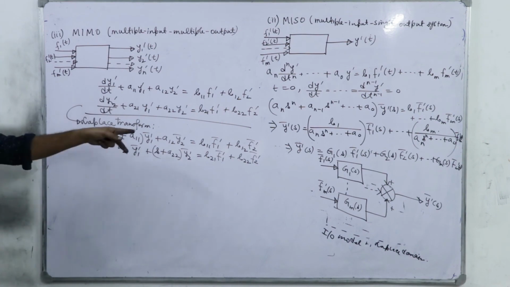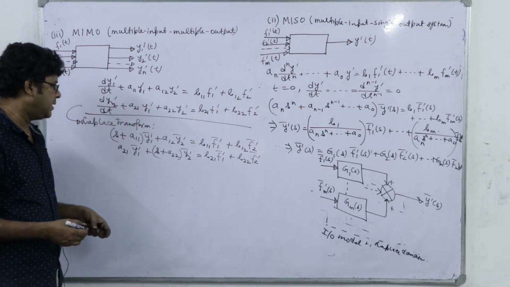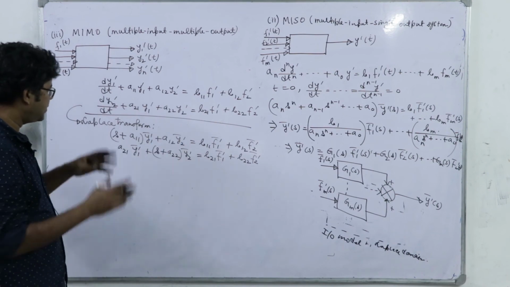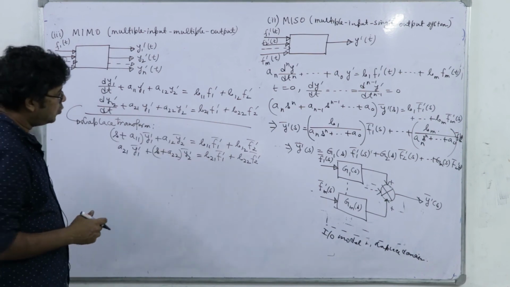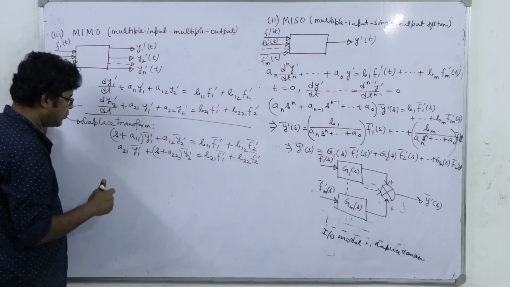So definitely these two are simultaneous algebraic equations with two variables y1 prime and y2 prime as output and two input variables f1 prime and f2 prime bar in Laplace domain.